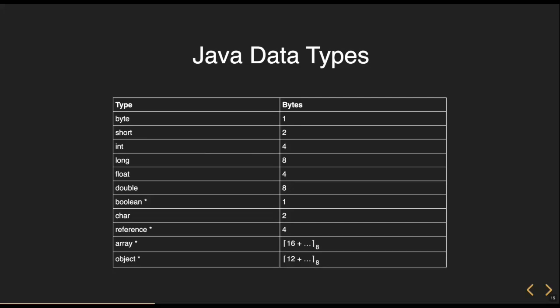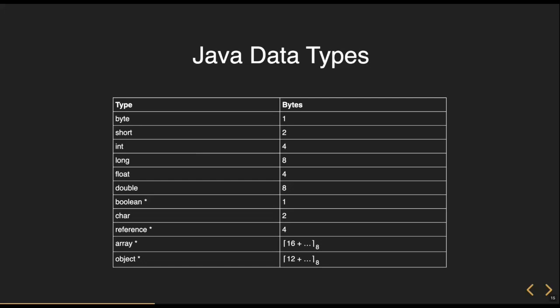And then the last 2 types are the arrays and objects. So they're basically the same. So I'll start with the object. The object has a 12-byte header, which contains information on the type, etc. And then it has the size of all the fields that it contains. And that is always padded on all JVMs. They pad that to the nearest multiple of 8 bytes.